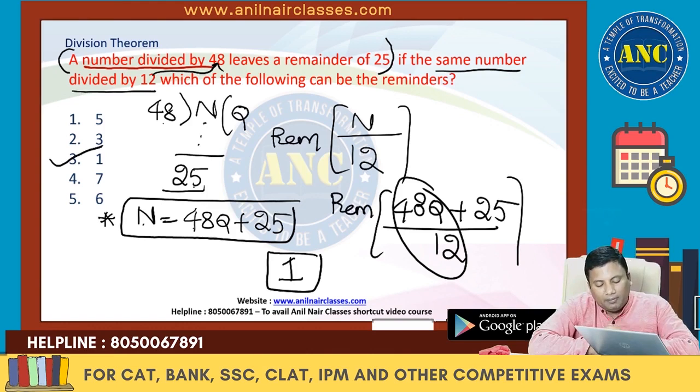When you divide by 12, 12 4s are 48, perfectly divisible, 12 2s are 24, remainder is 1. The answer for this question is 1. I hope it is clear.